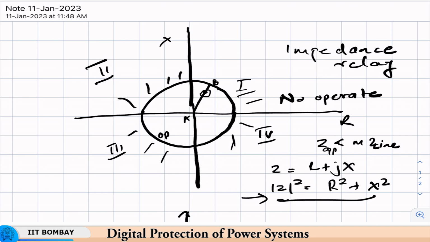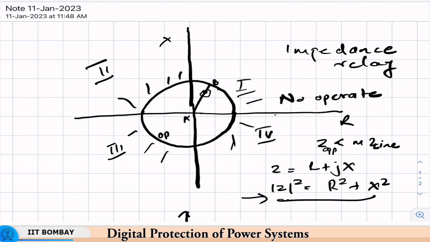Now, that may not be desired because we are interested in protecting only the line. So, at the most we could restrict the operating area to the first quadrant.